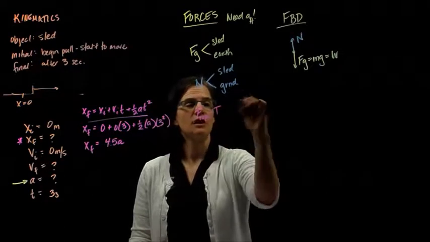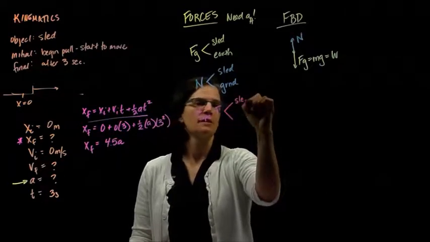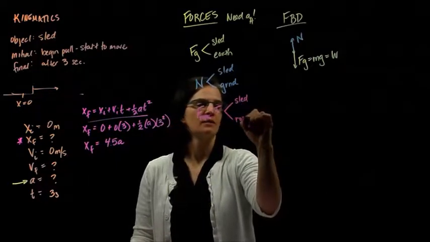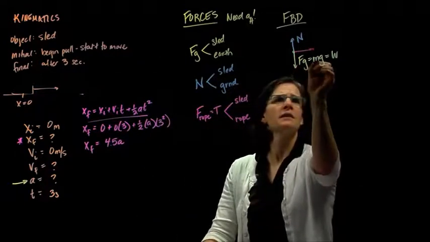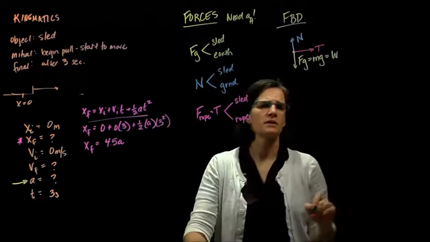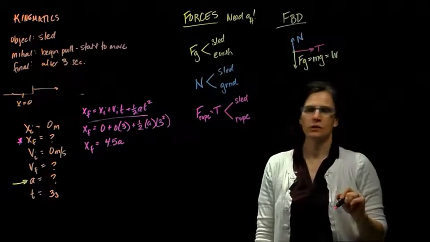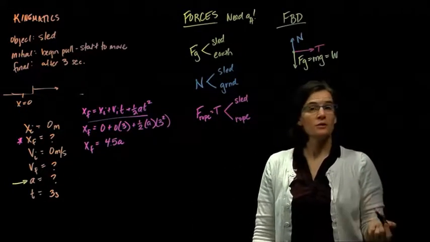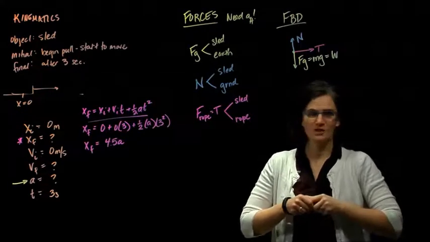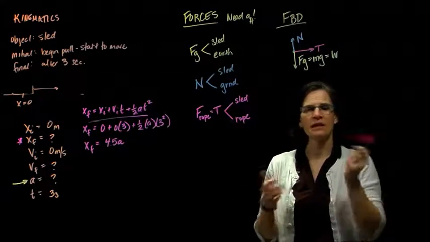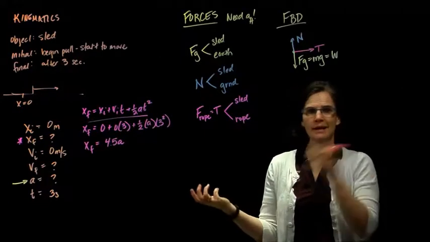You can use either name for that. And that's between the sled and the rope. The rope's pulling to the right, so our tension is to the right. Those are the only interactions on the object. There's no friction in this case. It's a frictionless sheet of ice, and so we don't have anything opposing the motion, nothing else aiding the motion.